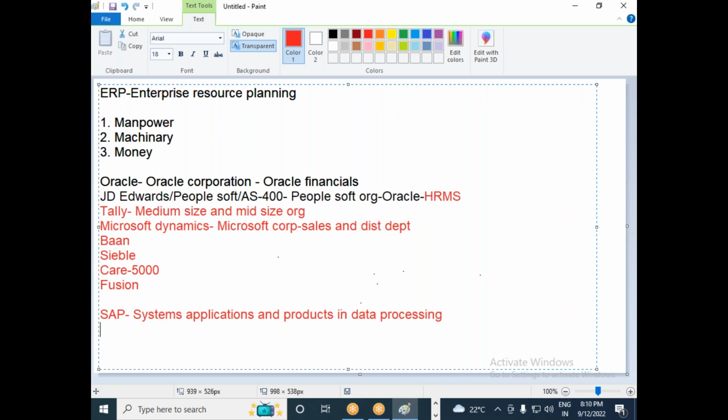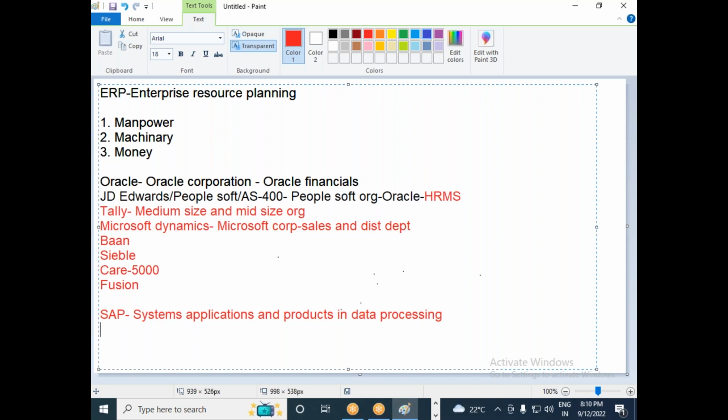Every organization will be attached to one bank, right? For the financial transactions, for making payments to the vendors or suppliers, or whenever a payment is received from a customer, that payment also will be credited to the bank account.